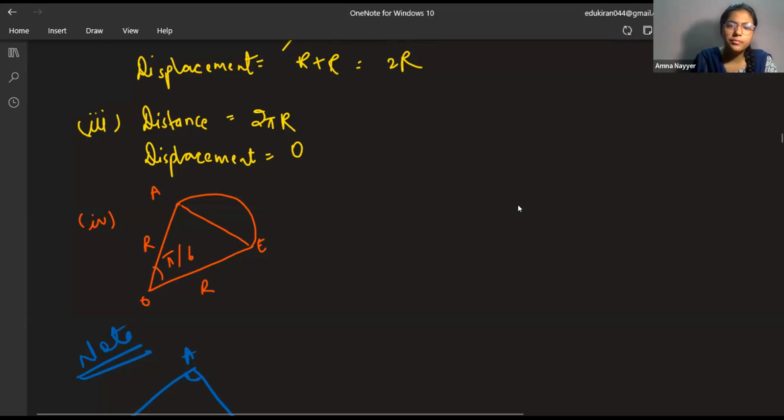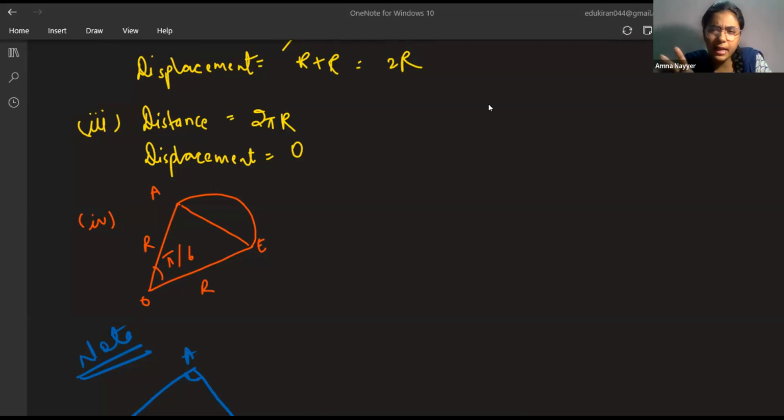Now look here. In this, we have to find out distance and displacement. For displacement, the basic concept of the relation between angle, the length of an arc, and the radius of an arc will be used. See, the initial point is A, the final point is E. So we have to find the length of the arc, this part, for the calculation of distance.